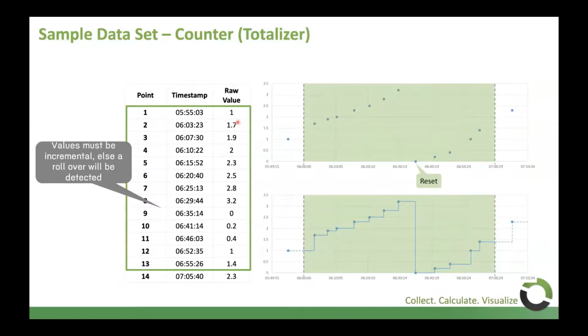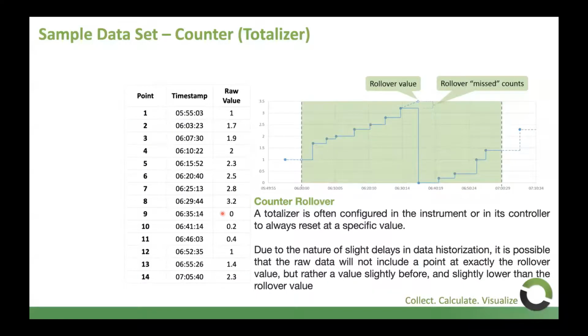So the values must be incremental when we talk about totalizers. Otherwise we will think that a rollover occurred, and we will add whatever the difference is from 0 to the new value as the total for that next hour. So we will detect these rollovers automatically within Flow, and we will then add these values together. Now, there are 2 points here that we must discuss.